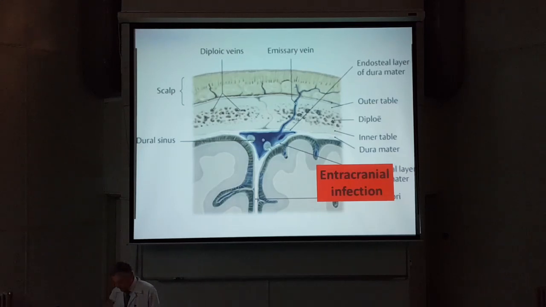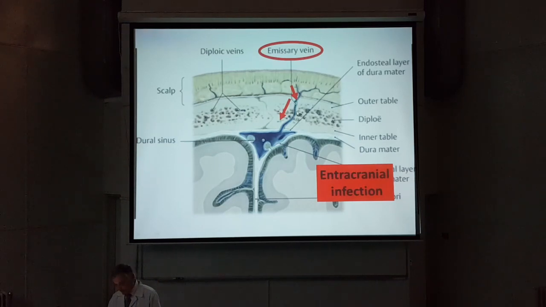Here is the story of the big problem. You know these emissary veins of the scalp? They go through little holes into the bone marrow of the flat bones of the skull. And these are called diploic veins.